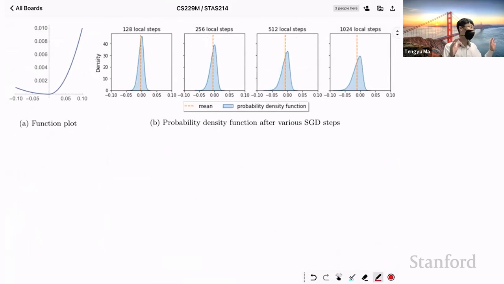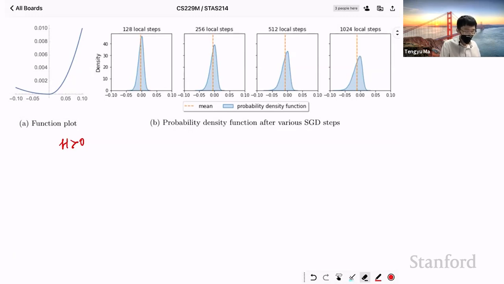I'm in the case where h is strictly bigger than 0, so because it's one dimension, this is a strictly convex function. But it's not a quadratic. I think it's quadratic on both sides, but not the same curvature. The left-hand side is more flat, and the right-hand side is more sharp.